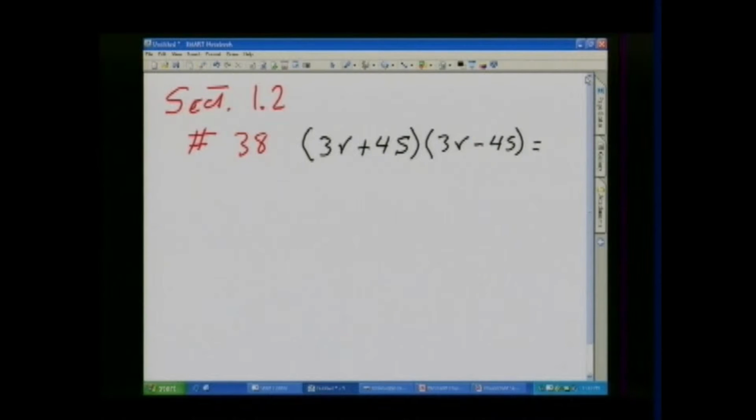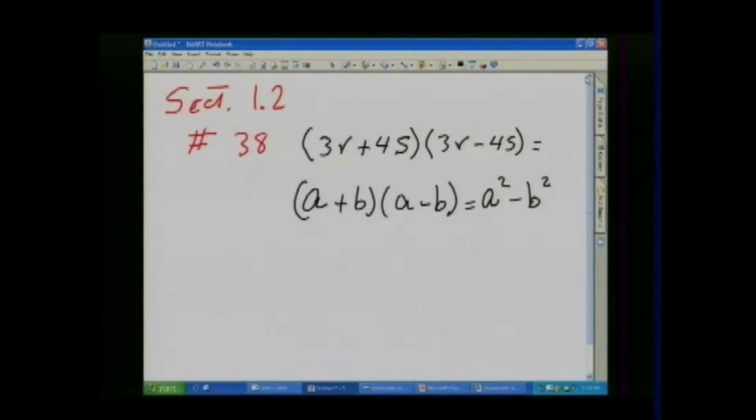Now, under special products in table 6, you have a special product that says a plus b times a minus b equals a squared minus b squared.